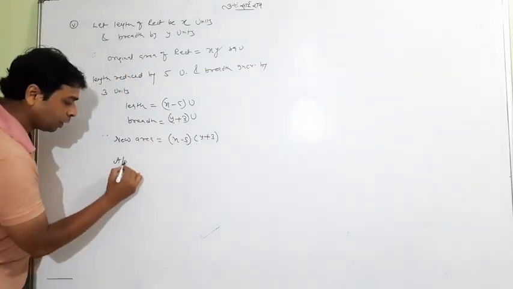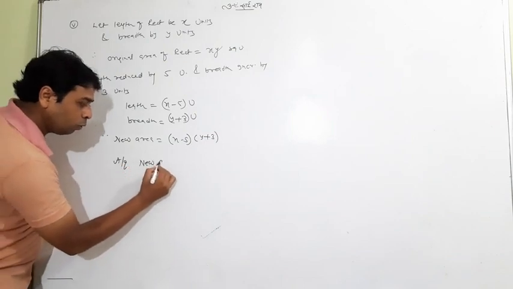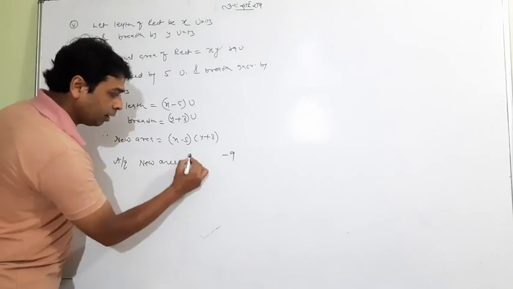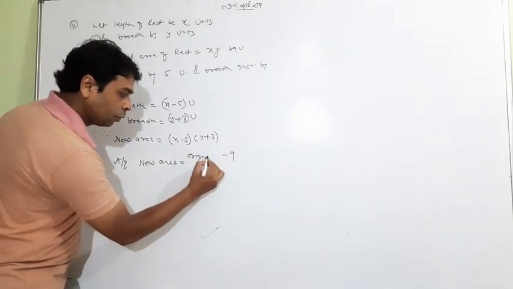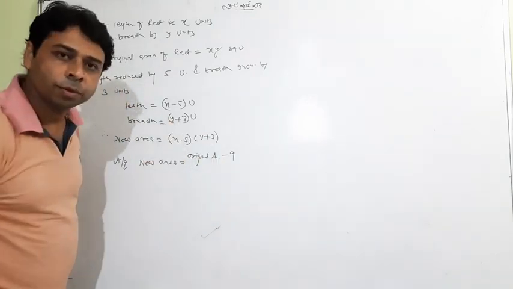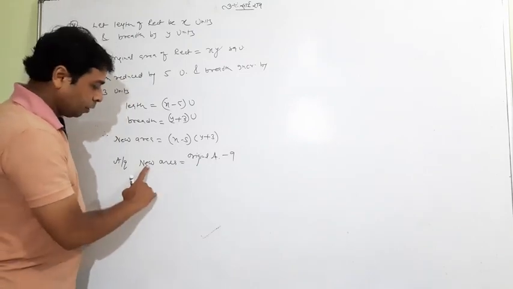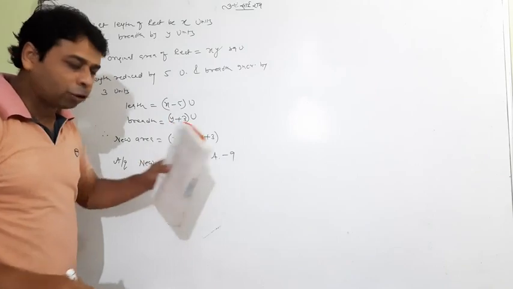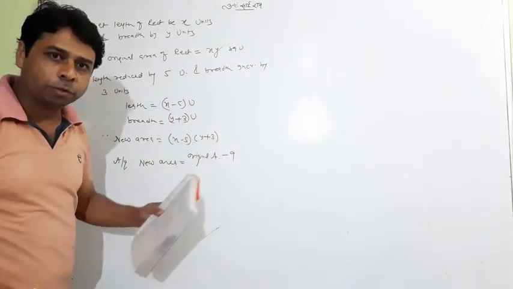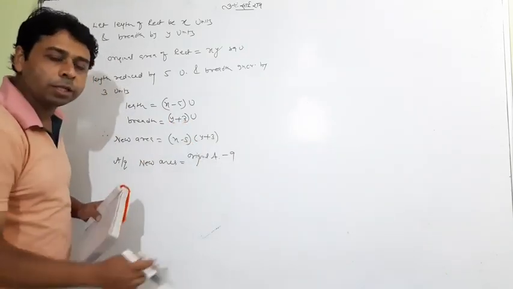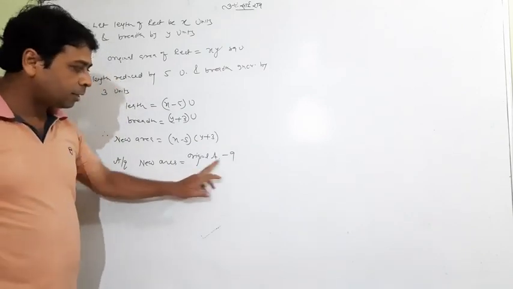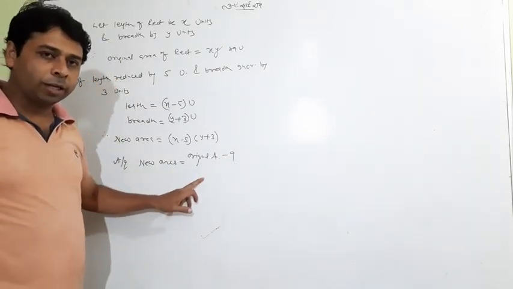As per the question, the new area is 9 less than the original area. The language is a bit complex, but the easiest sentence is this one: the new area is 9 less than the original area.